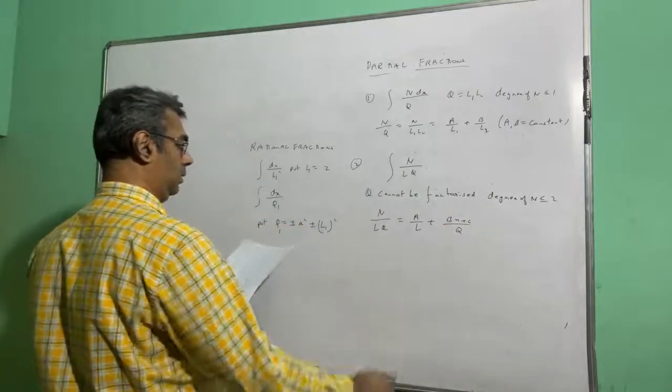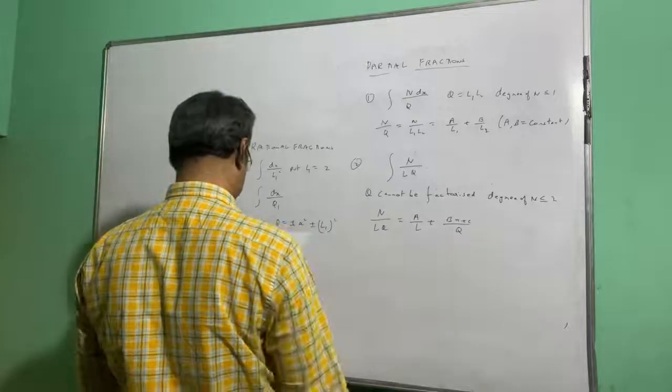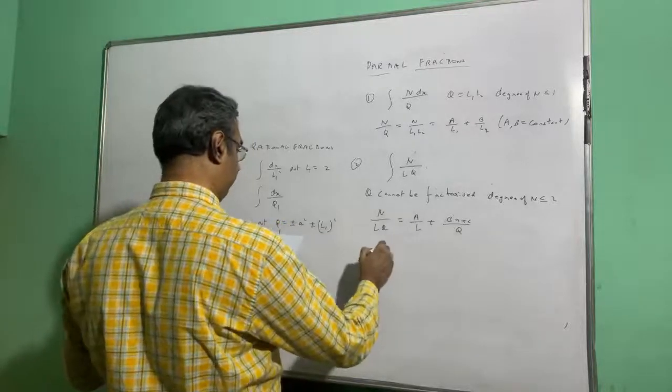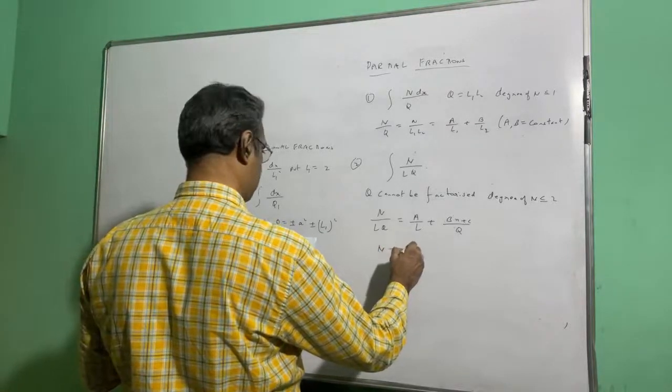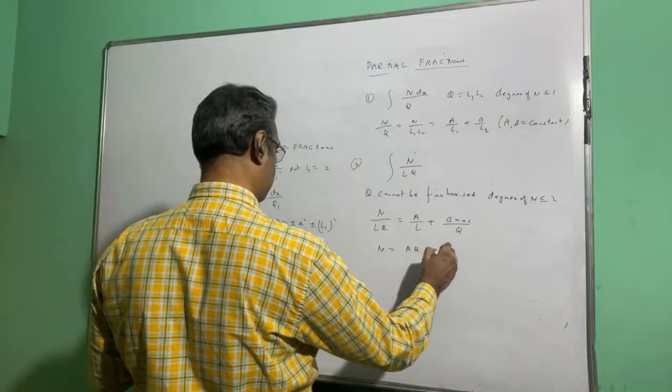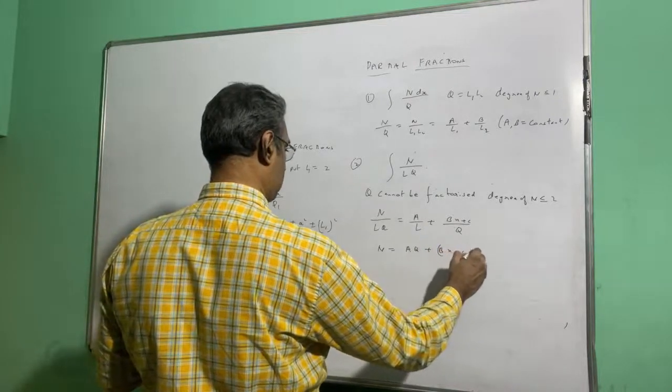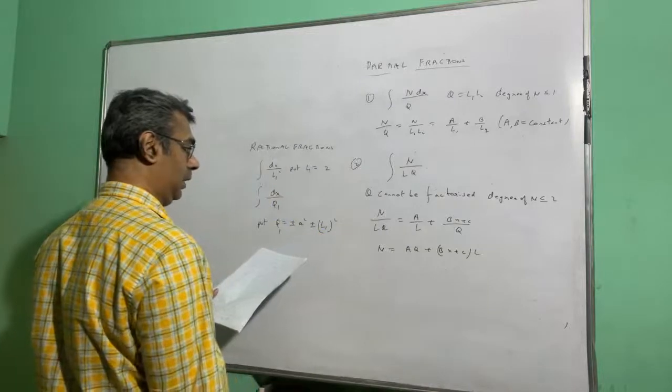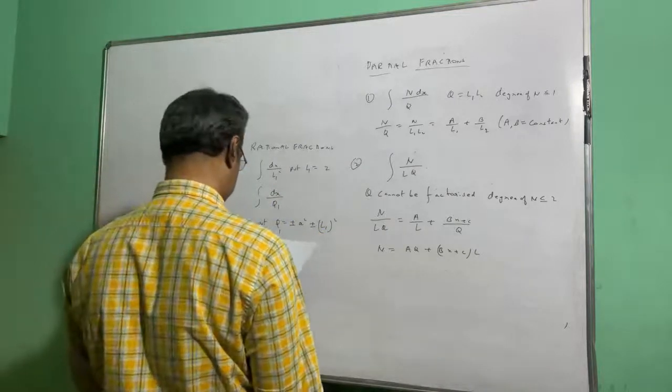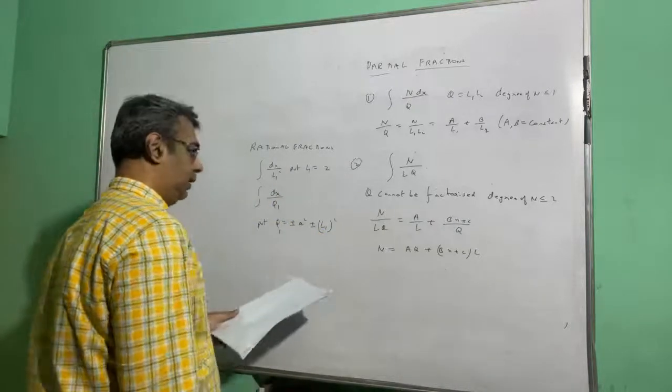So n by LQ is a by L plus bx plus c by q. So n will be aq plus bx plus c into L, and then you have to solve.